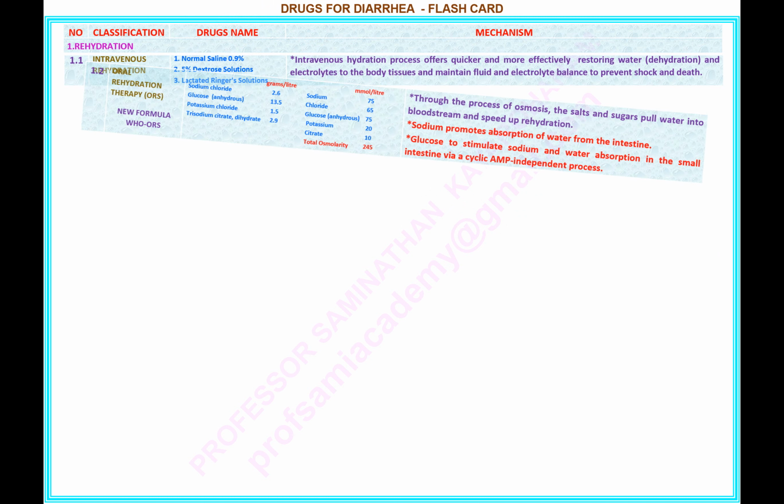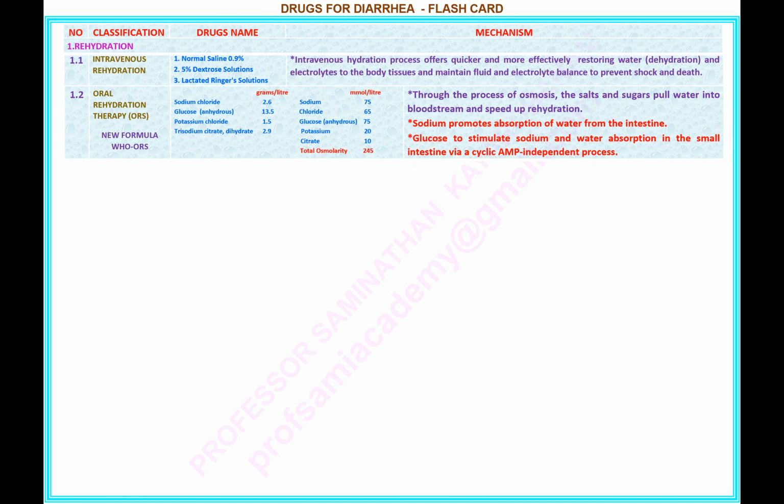Number 1.2. Name of the classification, oral rehydration therapy, ORS, new formula from World Health Organization. The ORS formula: sodium chloride, 2.6 grams per liter, sodium, 75 millimoles per liter, chloride, 65 millimoles per liter, glucose, anhydrous, 13.5 grams per liter, glucose, anhydrous, 75 millimoles per liter.